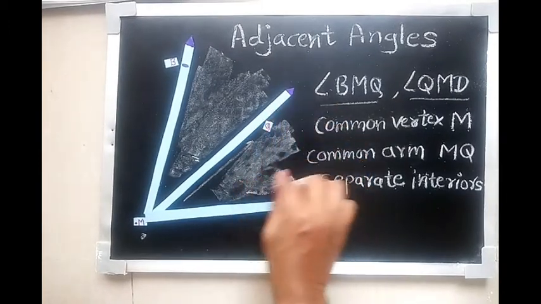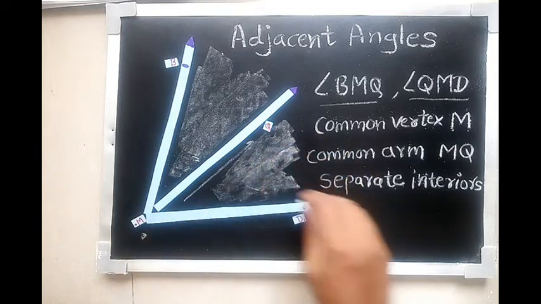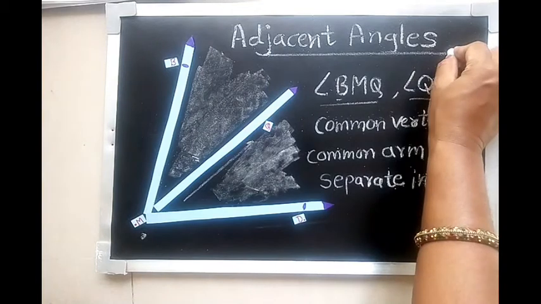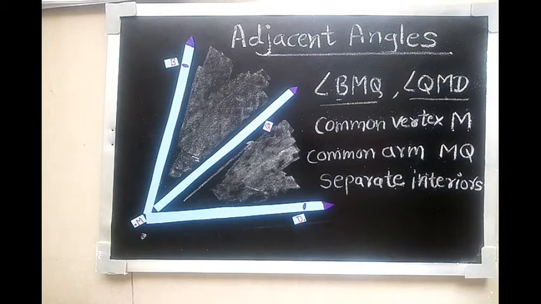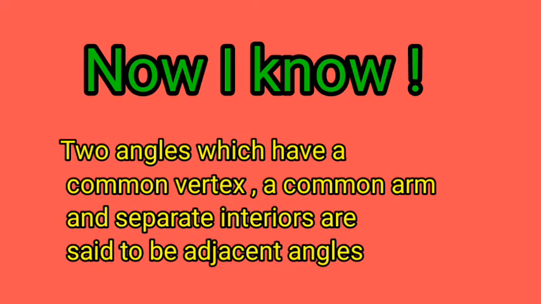These two angles are adjacent angles. Now I know two angles which have a common vertex, a common arm and separate interiors are said to be the adjacent angles.